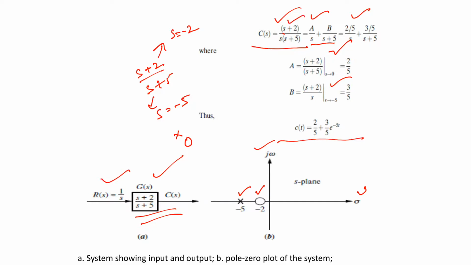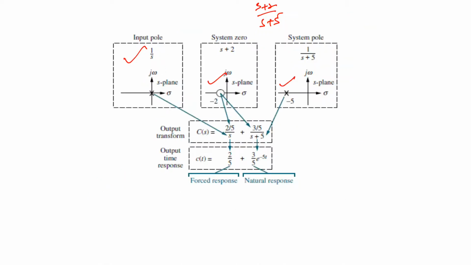So this zero will contribute both A and B as shown in this diagram. That is, this zero will contribute the values in the numerator. Input pole means whatever input we have given, in this case 1 by s, and the system pole is here, that is s plus 5.